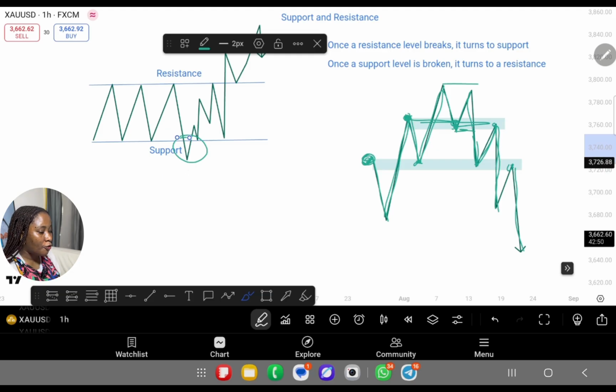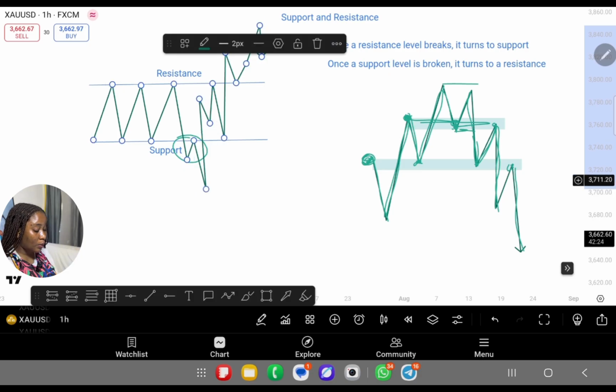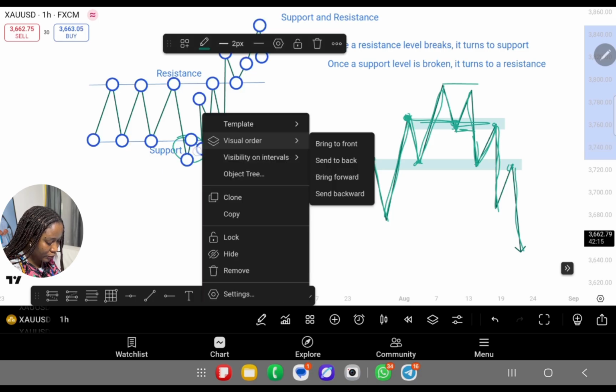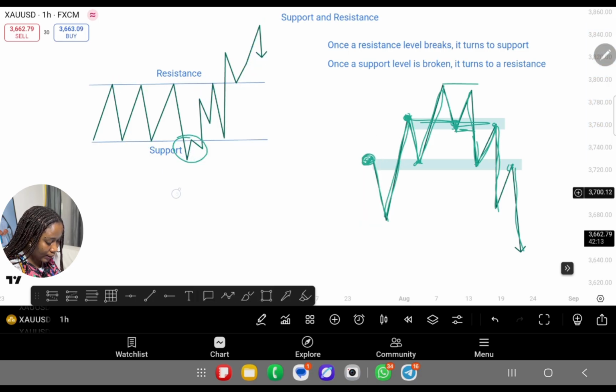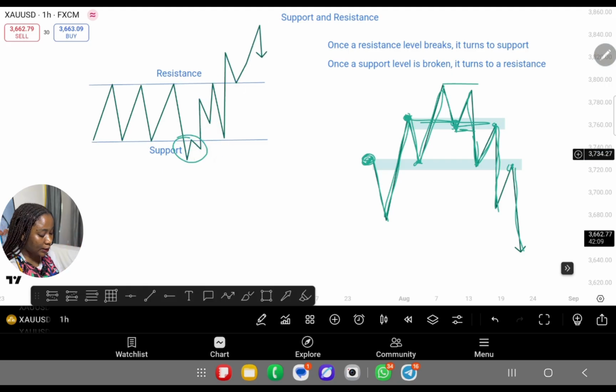Uninformed traders or FOMO traders would have entered their sell here, thinking that price will just retest this area and push price lower. But no, what happened? Price just came, retested, pushed a bit lower, and then went back inside the consolidation.